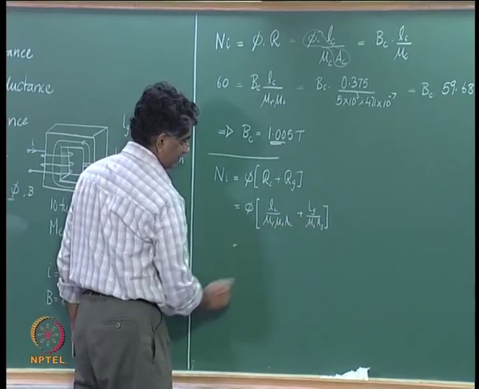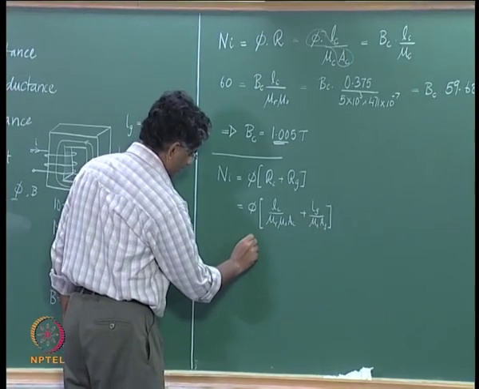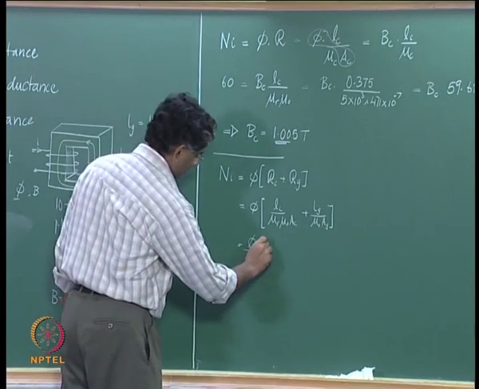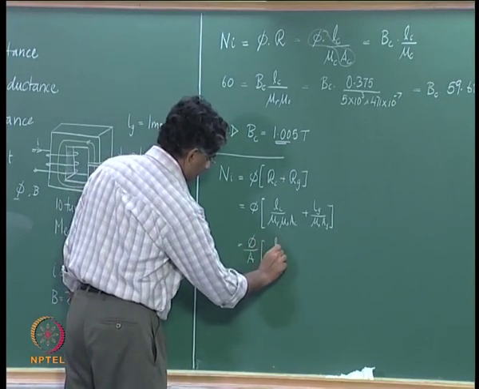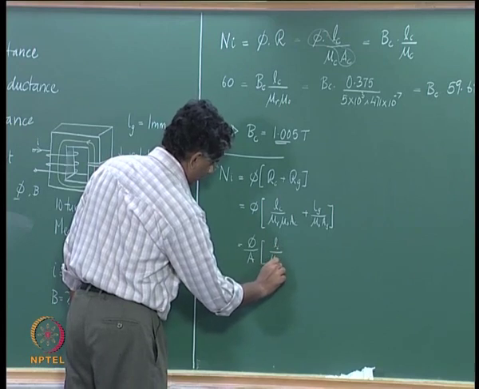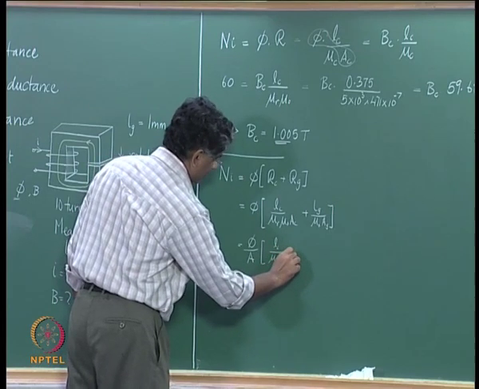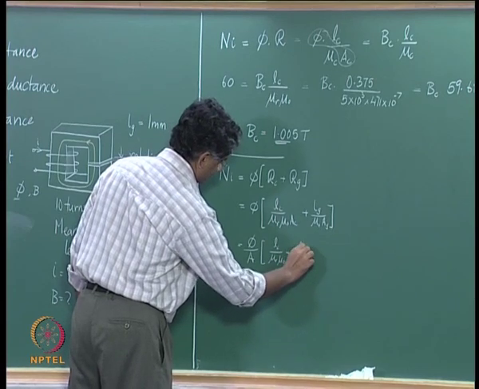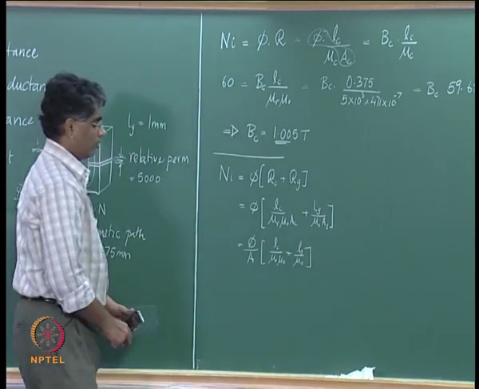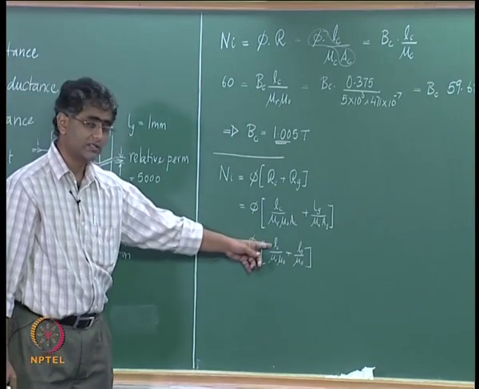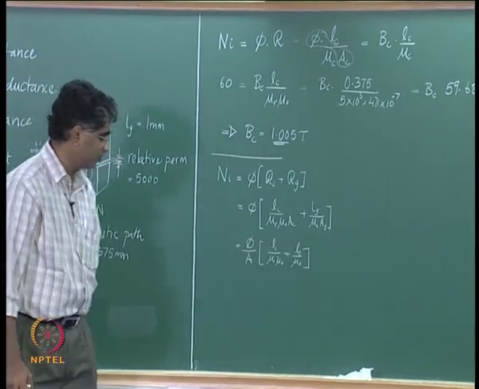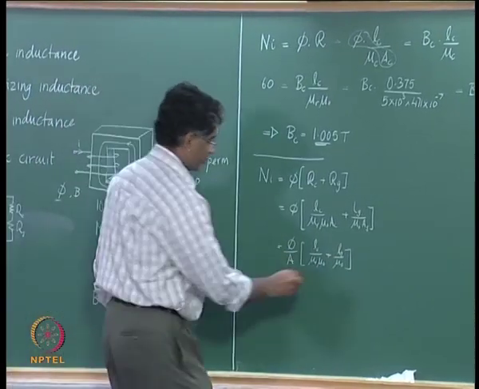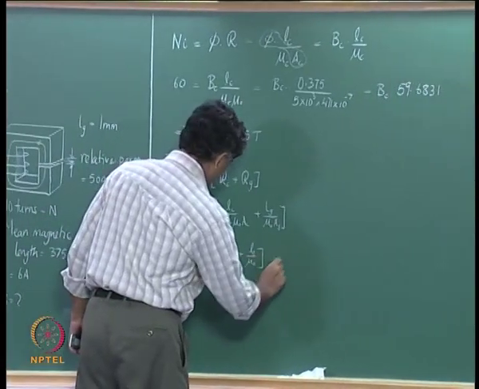Since Ac and Ag are the same, you can take that out, call it A, then you have Lc by mu r into mu naught plus Lg by mu naught. Now you know the values of Lc, which is 374, Lg is 1 mm, mu r is known, mu naught is known. So let us put the numbers into this expression.